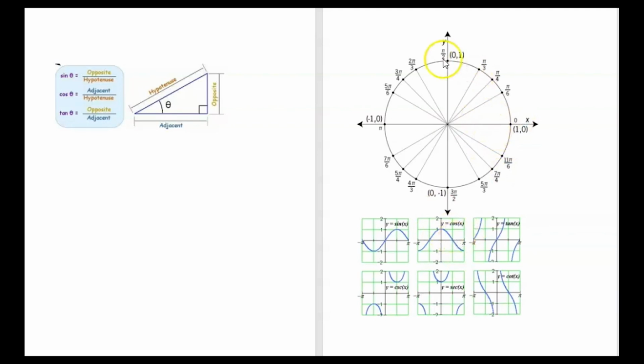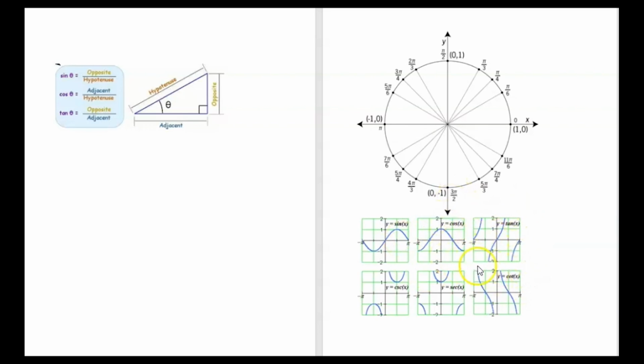Pi over 2 is going to give you a value of 0 for x. So 0 over 1 is going to give you 0. And pi right here is an x value of negative 1, which is going to be negative 1 over the 1 unit for the radius, which is going to be negative 1. So I hope you can see the different trends that are happening between the sine and the cosine values.